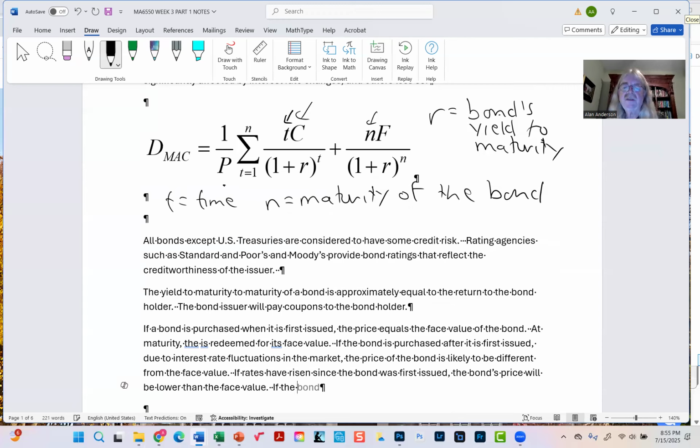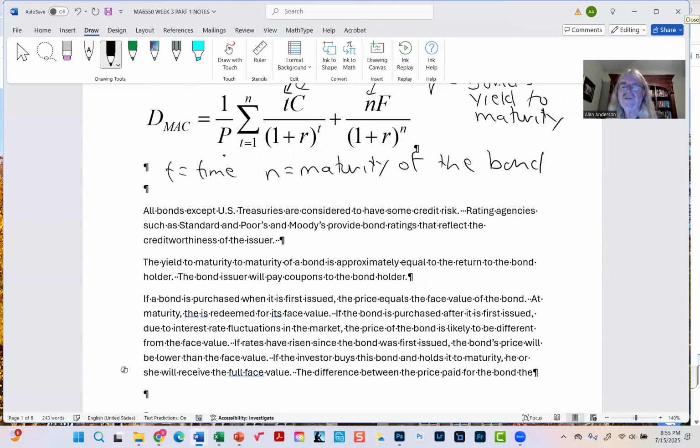If the investor buys this bond and holds it to maturity, he or she will receive the full face value at maturity. So the difference between the price that you paid for it and the face value would then represent a capital gain.